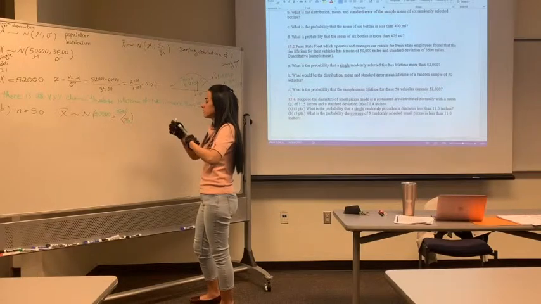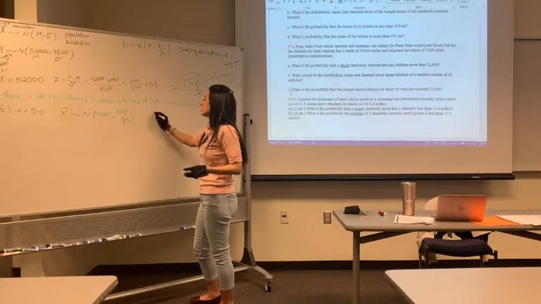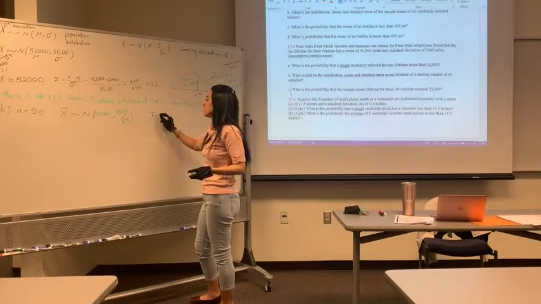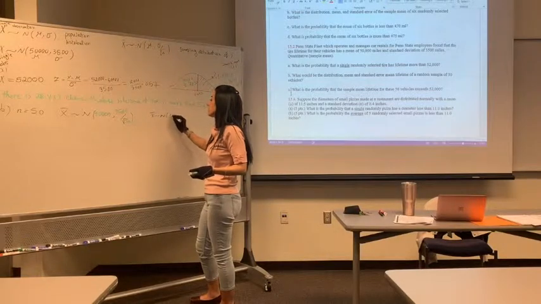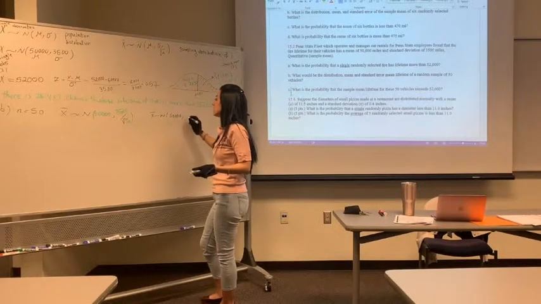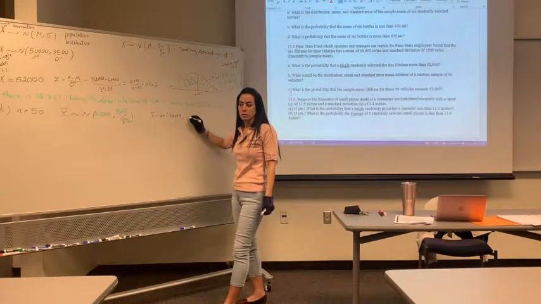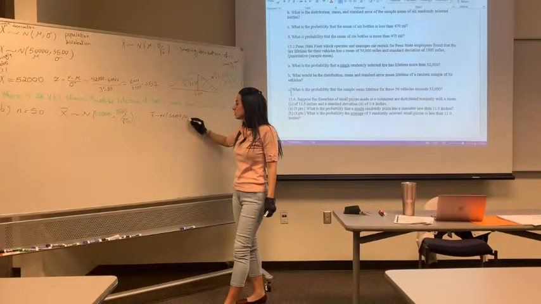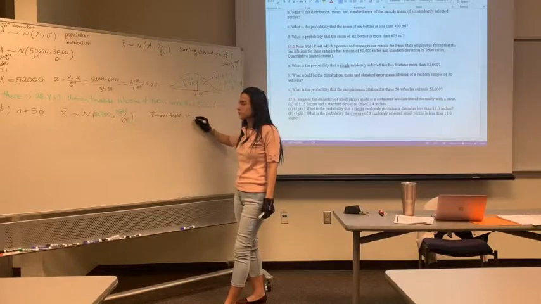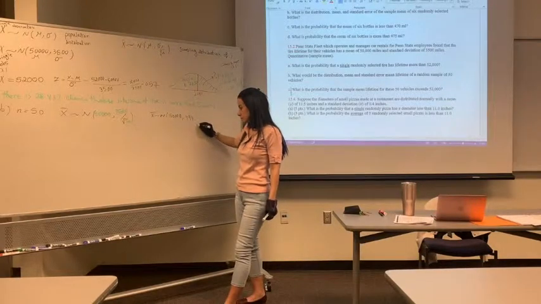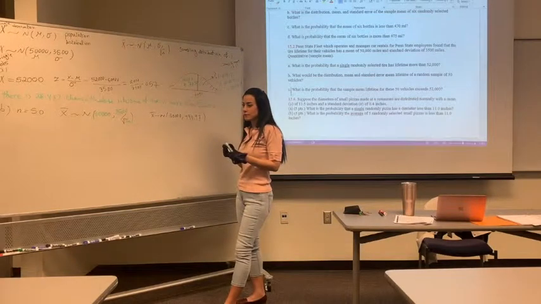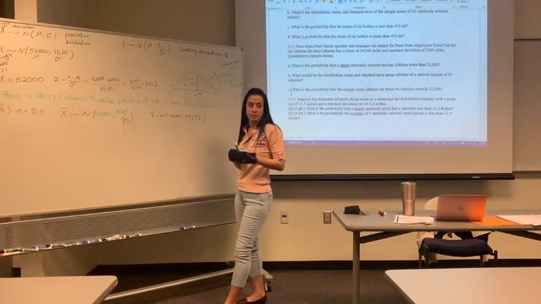So let's rewrite this. X bar has a normal distribution with mean 50,000 and standard error 494.97. Did you find it? 494.97.